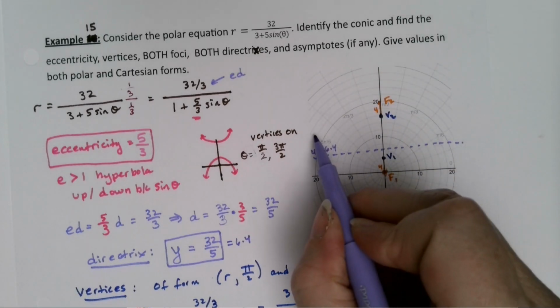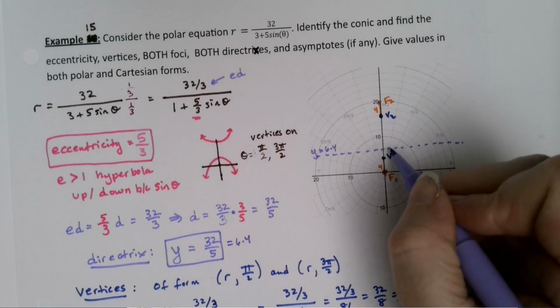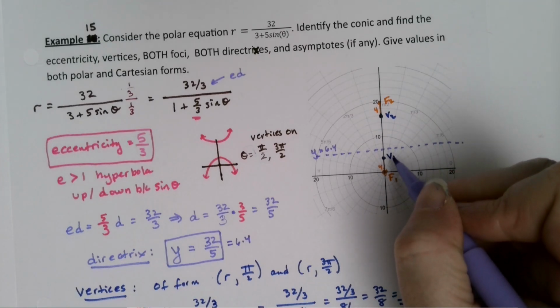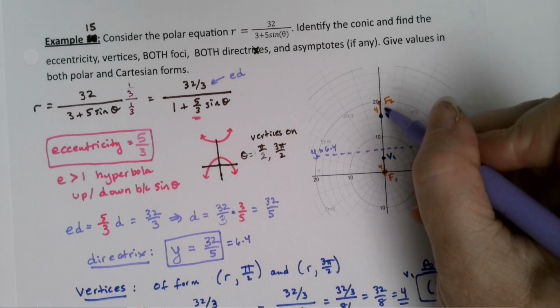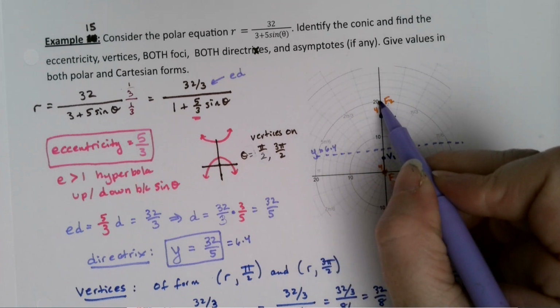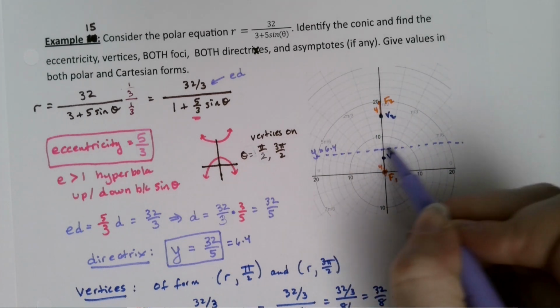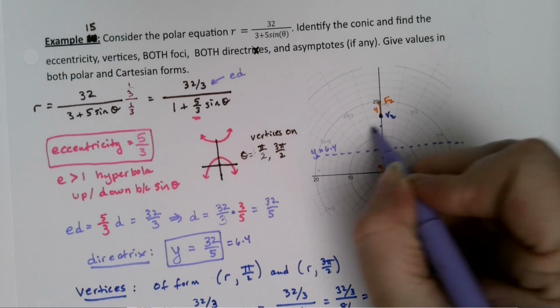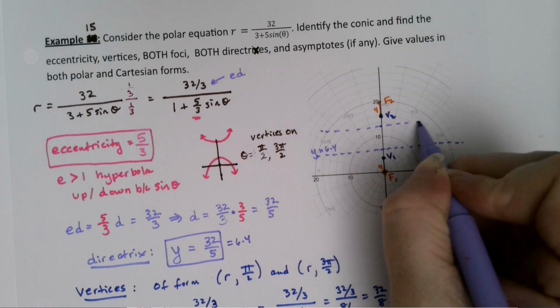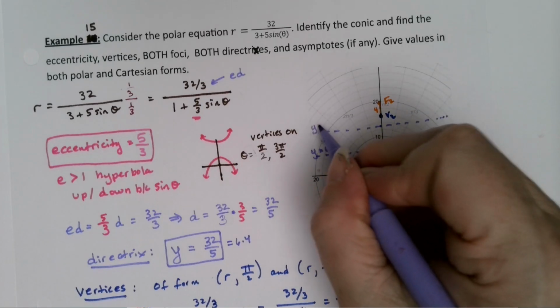So I'm going to have another one the same distance away. Whatever this distance is from the origin up to that directrix, it's going to be the same as this distance from the focus up to that directrix. It's going to be the same from the other focus down to this directrix. So I'm going to have another directrix right here.